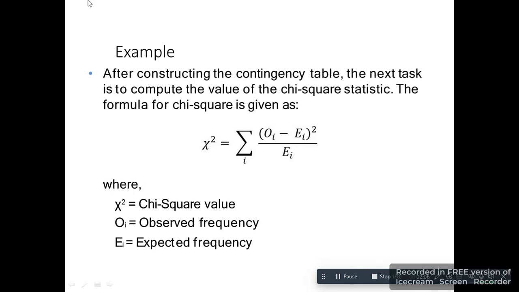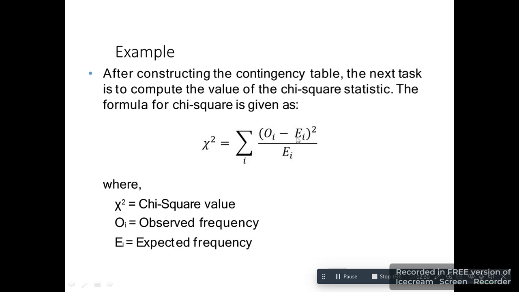Here the symbol looks like an x, but it is called chi. So this is the chi-square value, O is the observed frequency, that is the observed value, and E means the expected frequency, that is the expected value.